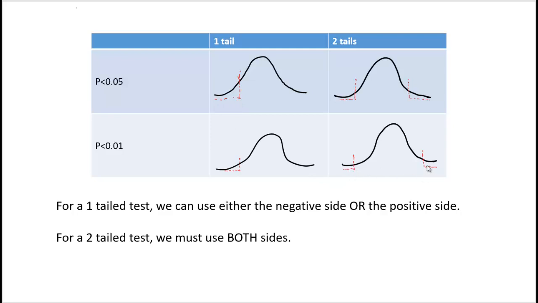Again, this is a graphical representation as a drawing, so it's not to scale, but what we're demonstrating is that these cutoff regions become very small. So this is actually a 0.005 zone on this side and 0.005 on the other side, and what that equates to is 0.01 or 1%. Just keep in mind that for a one-tailed test, we can use either the negative side or the positive side. For a two-tailed test, we must use both sides.